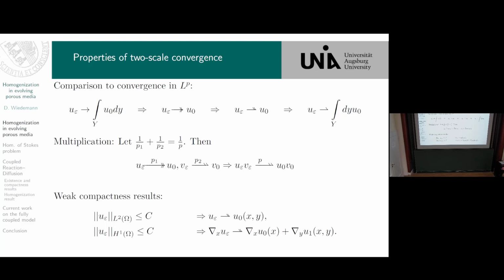And then what is very important is some weak compactness results. So if the sequence is bounded in L2, we can test in subsequence and get the existence of a two-scale limit function.